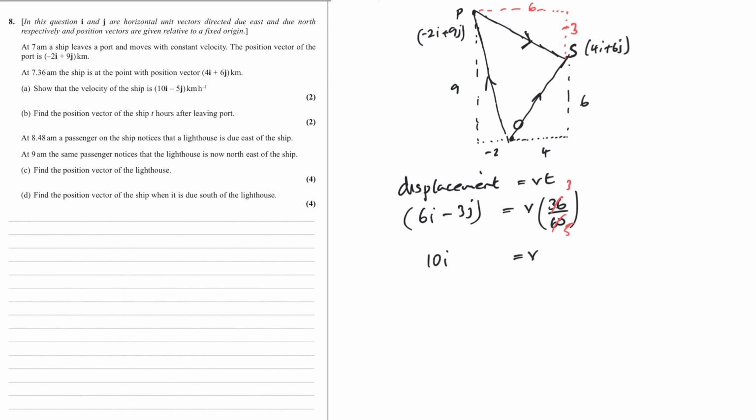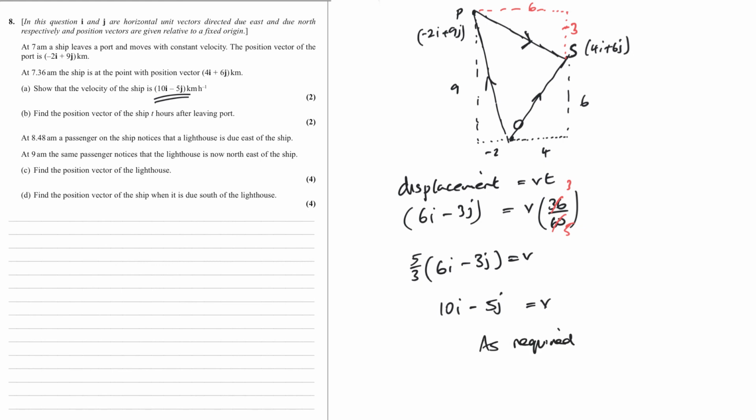So that will give me 10i minus 5j. Okay, now as it is given to me in the question, I might actually leave that answer a little bit further on down, and maybe I would do 5/3 (6i minus 3j) equals V, just taking that extra step in between just to show it.